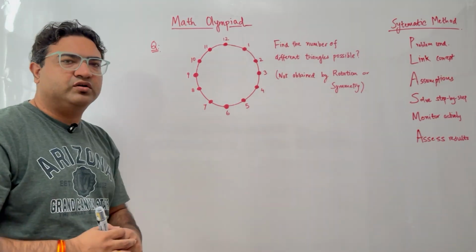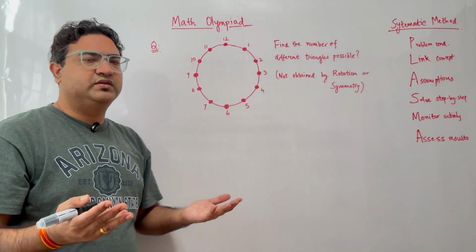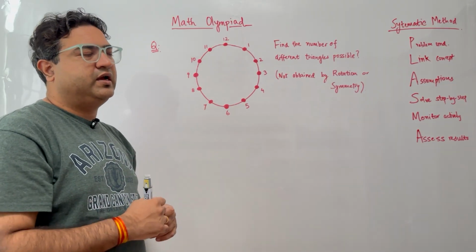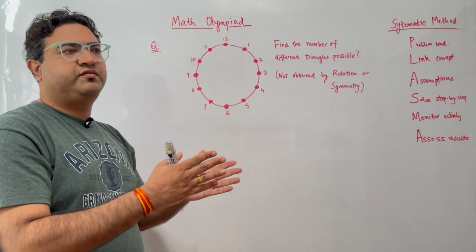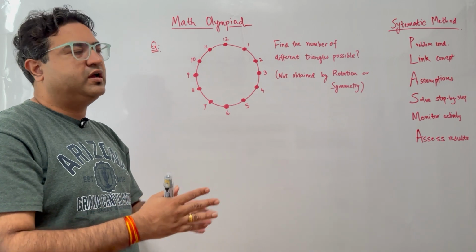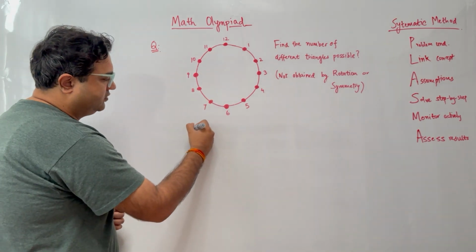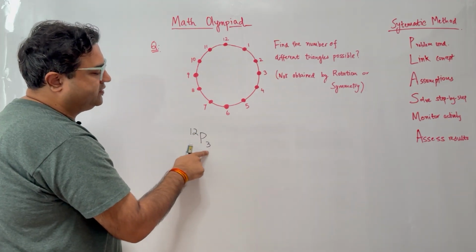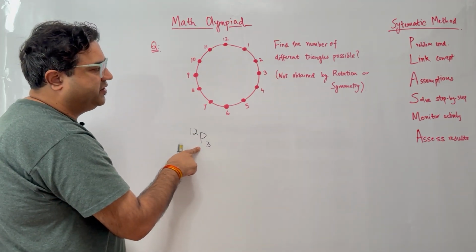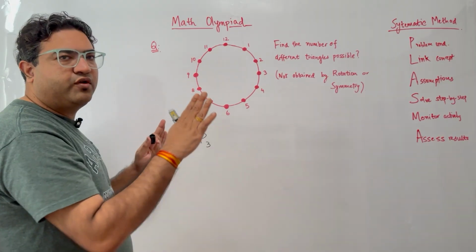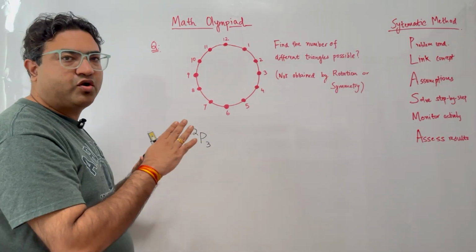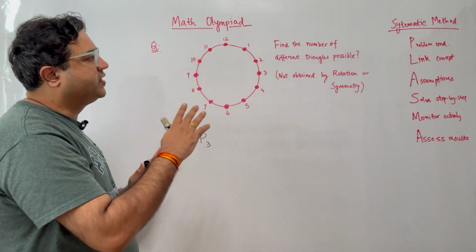In terms of linking the concept, generally if you have to pick 3 points to form a triangle out of 12 points, you first go after permutation, 12P3. So you have to pick 3 points out of 12 in a permutation if all of these points are unique, but they are not unique, right?